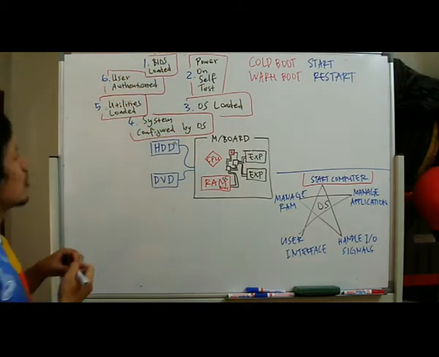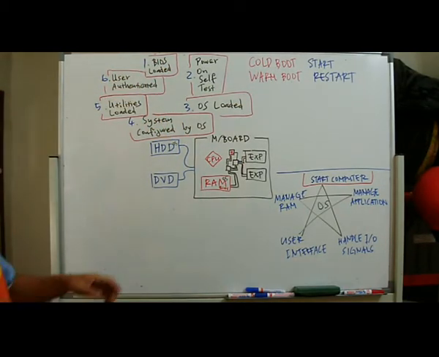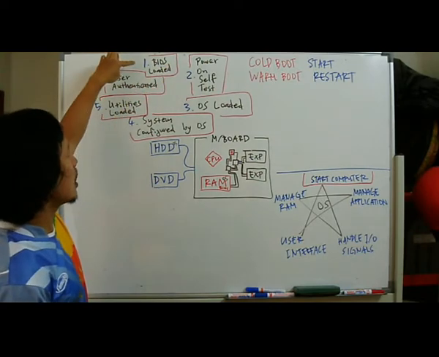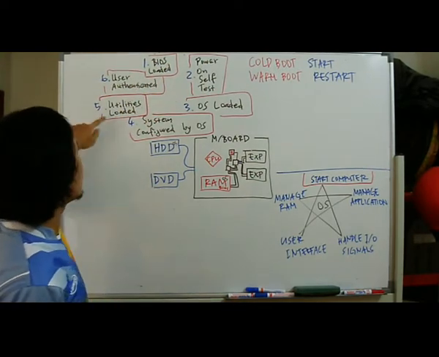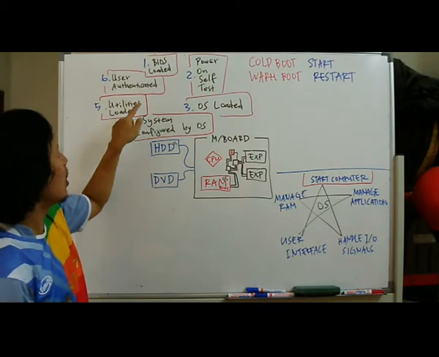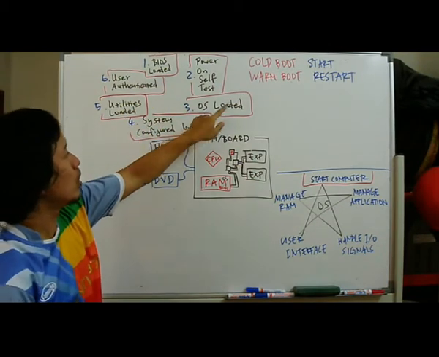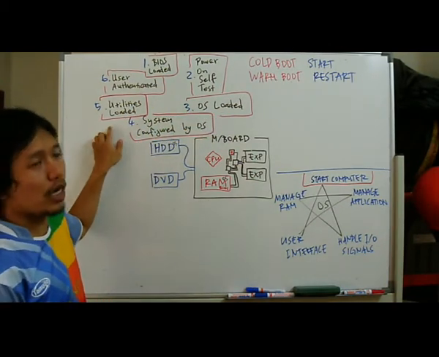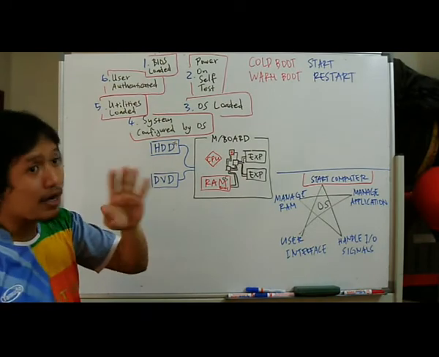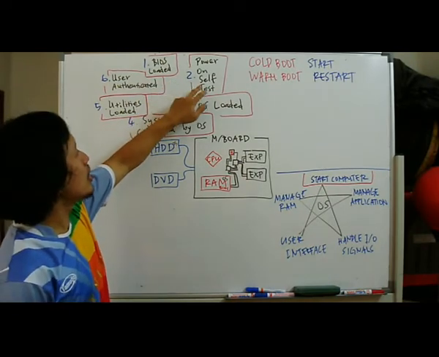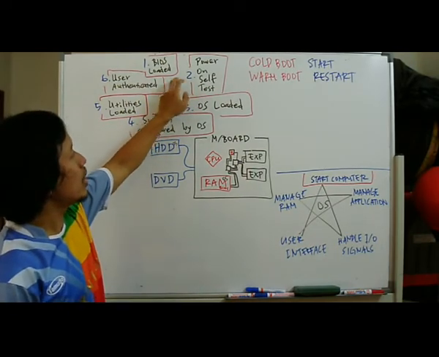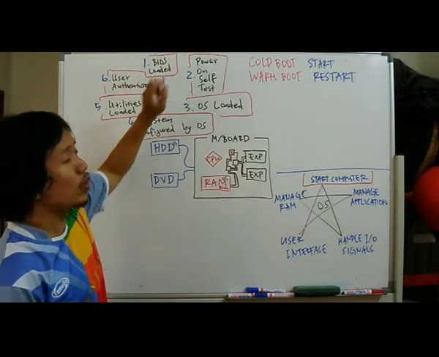But basically, all the odd numbered steps, 1, 3, and 5, are loading of something. BIOS will be loaded, and then OS will be loaded at number 3. Utilities will be loaded at number 5. And whatever is the following even number is actually done by the loaded thing.